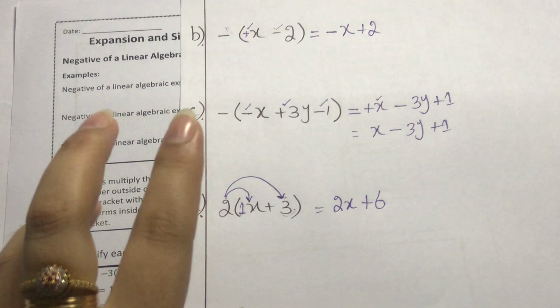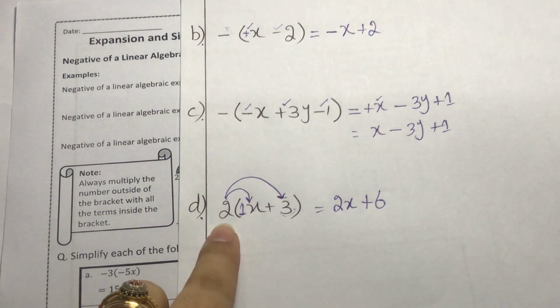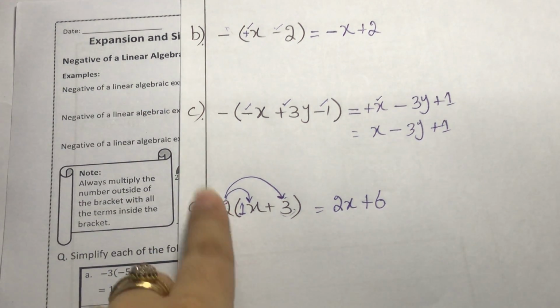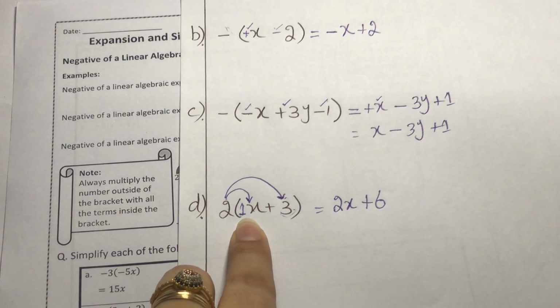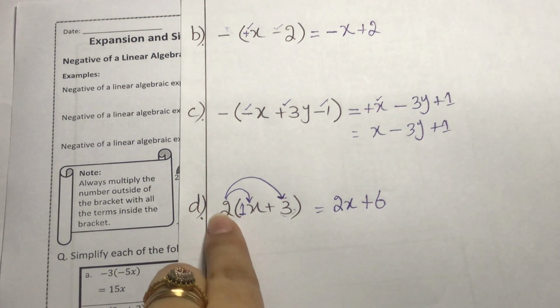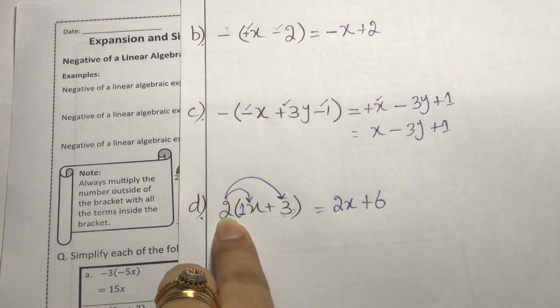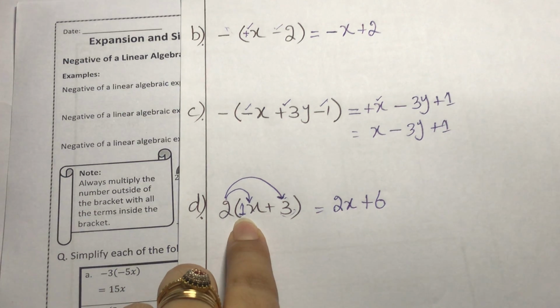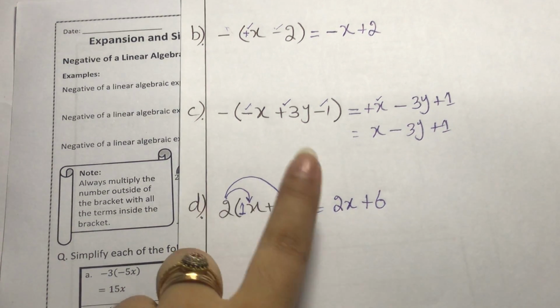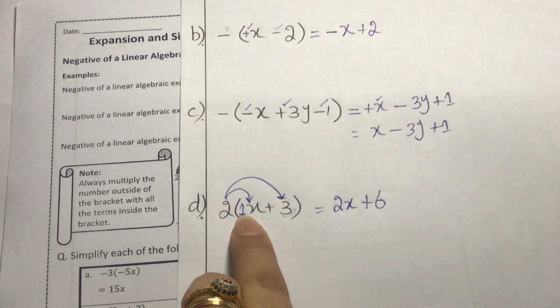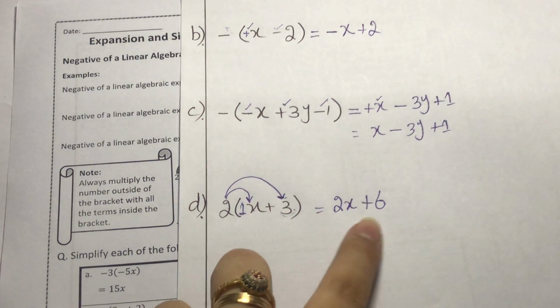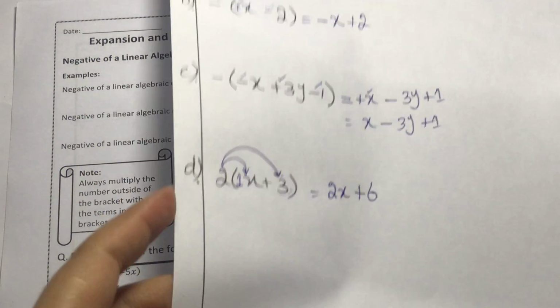When you have to expand the bracket, you have to multiply this multiple with all the terms inside the bracket. When there is no coefficient with the variable, that means it's positive. So you will multiply this constant number, the multiple, with the coefficient of the variable, and you will also multiply this with the constant number, right? 2 ones are 2x and 2 threes are 6, right?